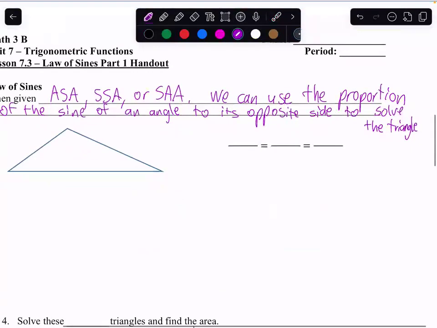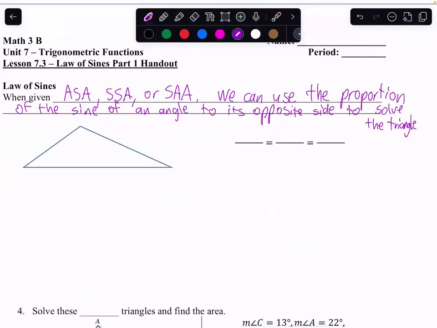This will let us find all missing side lengths and angle measures, this thing called the law of sines. So what is the law of sines?